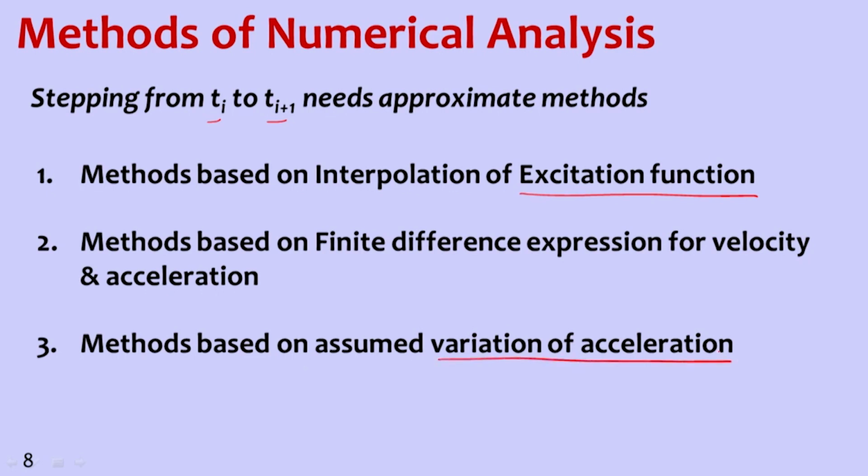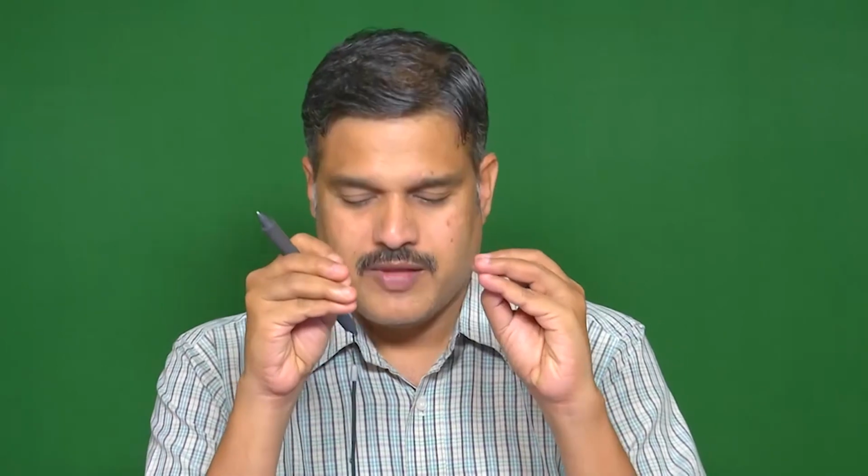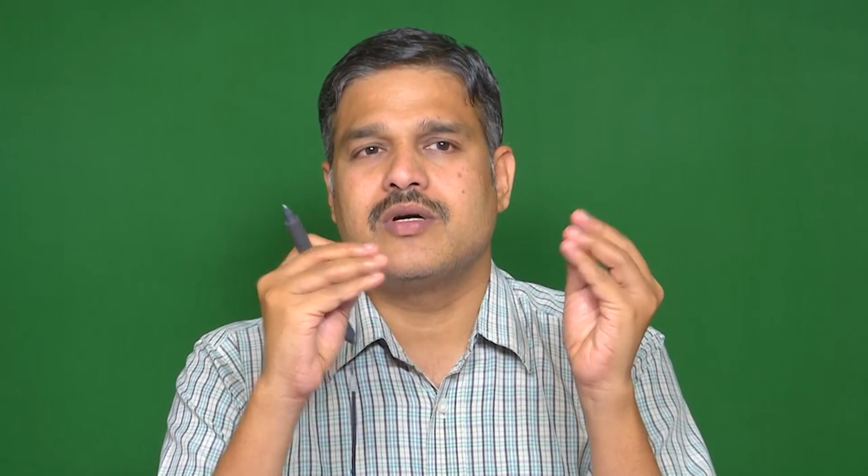In the forcing function, acceleration is there: force is equal to mass into acceleration, and this acceleration is the actual input. How does the acceleration vary between two time instants, ti and ti plus 1?